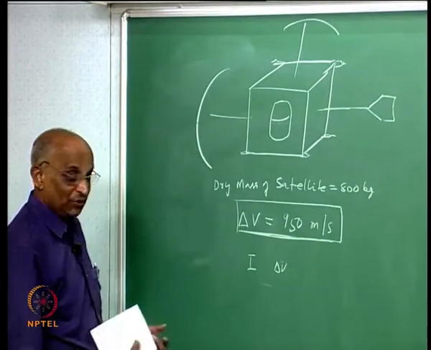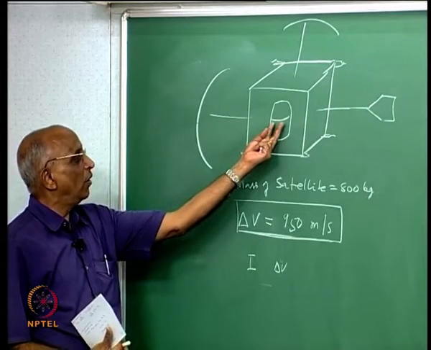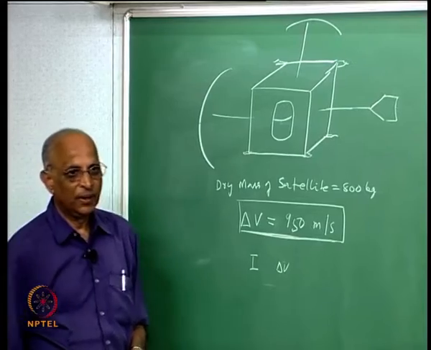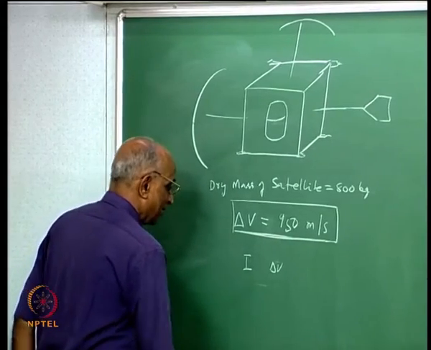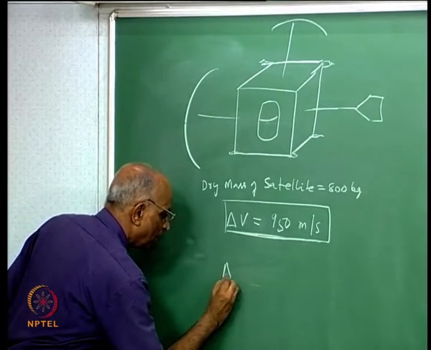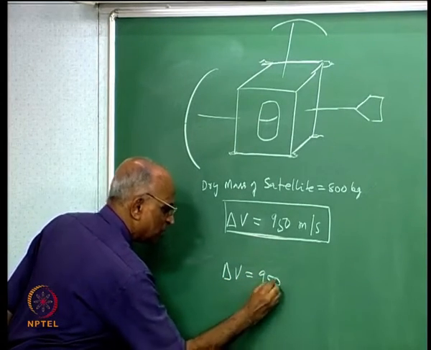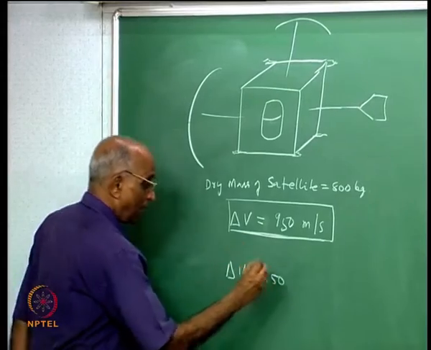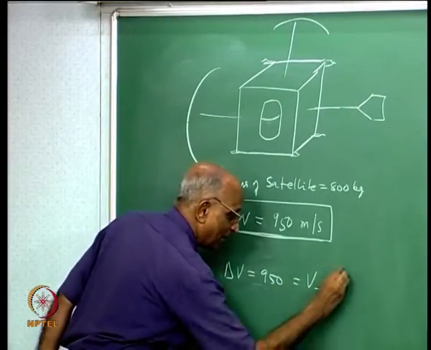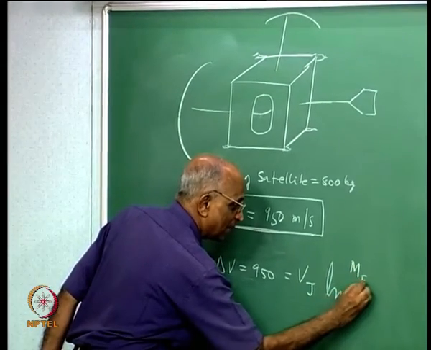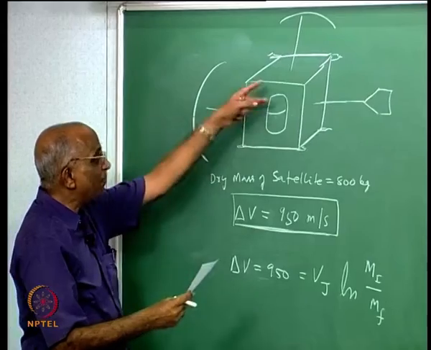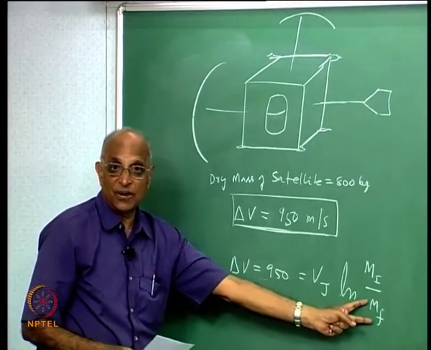Now I ask myself a question, a designer will ask, how much fuel or how much propellant do I carry in this spacecraft? This is what I want us to solve. In other words, the delta V to be provided by the rockets is equal to 950 meters per second, and then I need to know the jet velocity of the rockets, and then I say ln of the initial mass divided by the final mass of the satellite, because initially I have some mass, after propellants are exhausted I have a final mass.